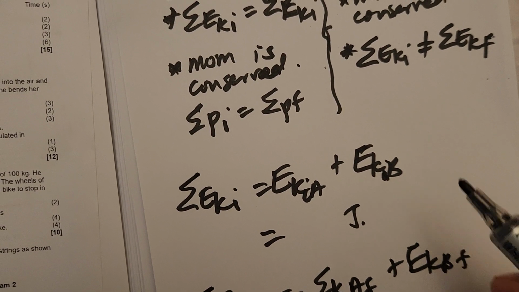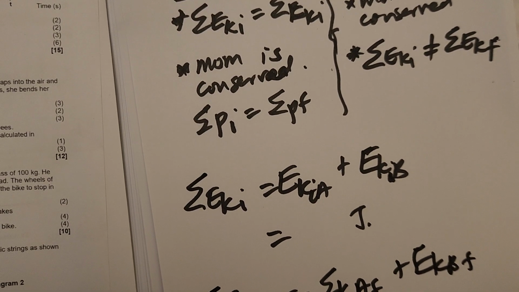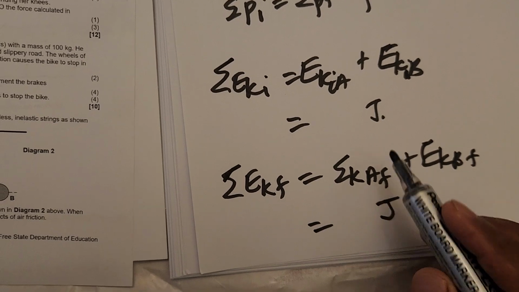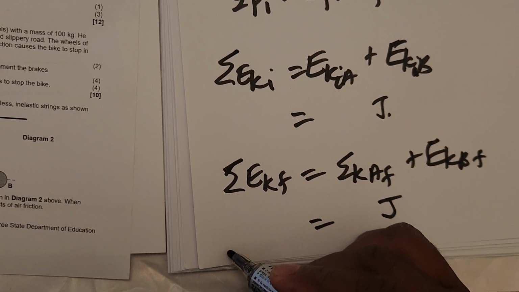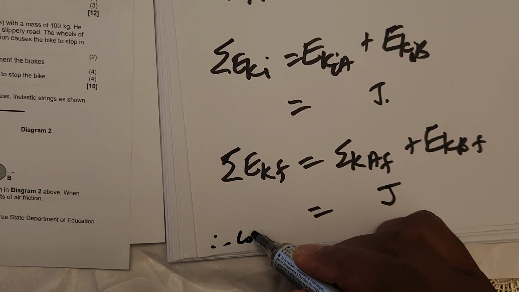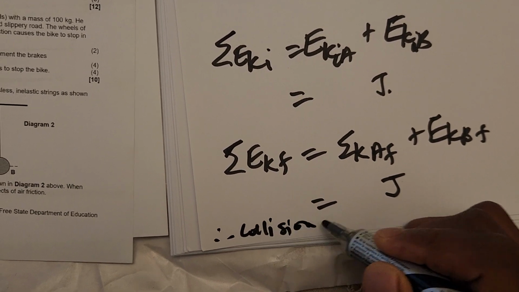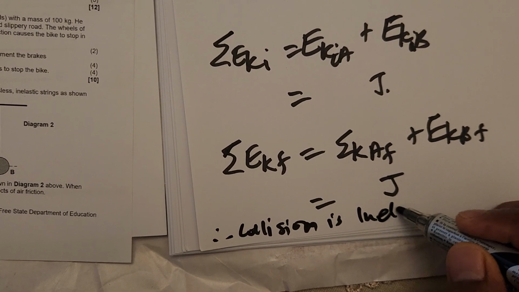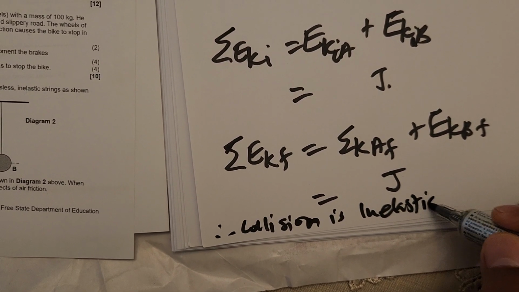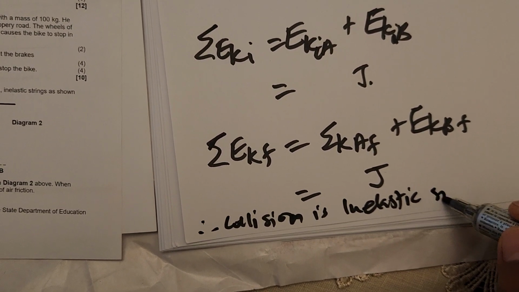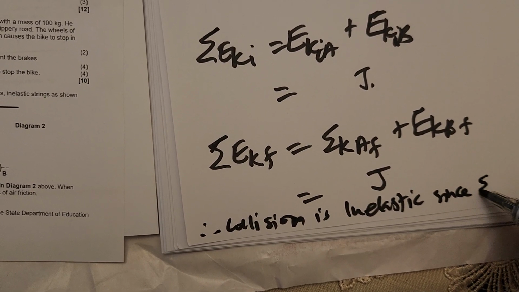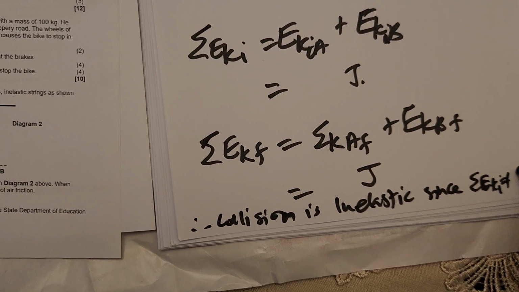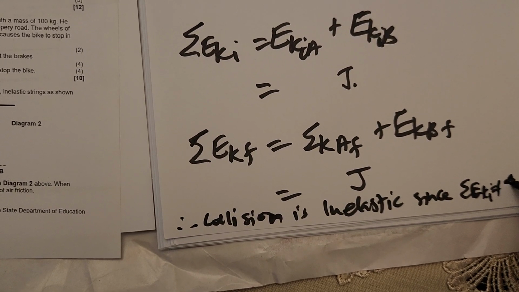You compare the two. Obviously, the two are not going to be the same. Then you will tell the examiner that the kinetic energy initial and final are different, and you say, therefore, the collision is inelastic, since in this case the sigma Eki is not the same as the sigma Ekf.